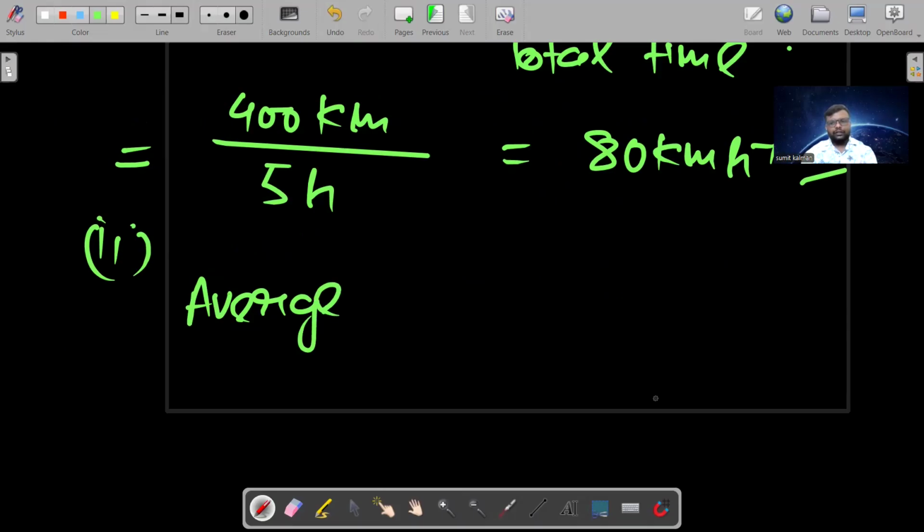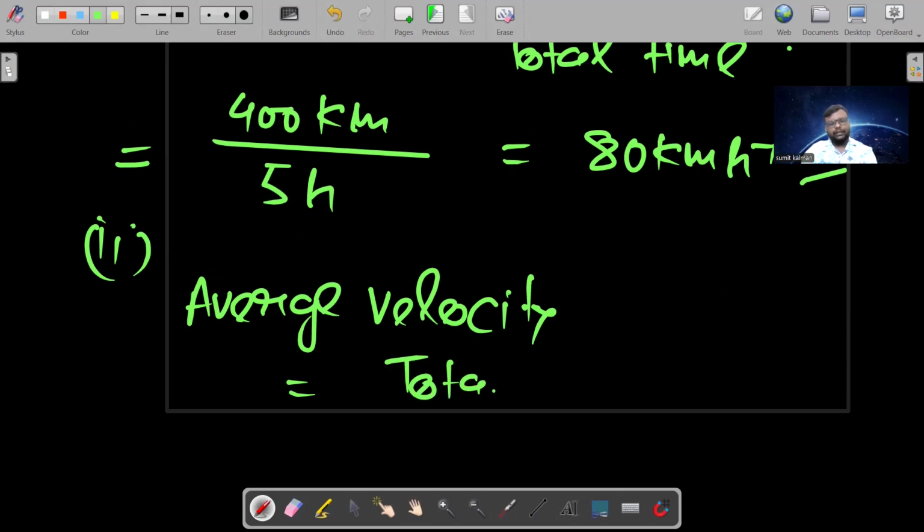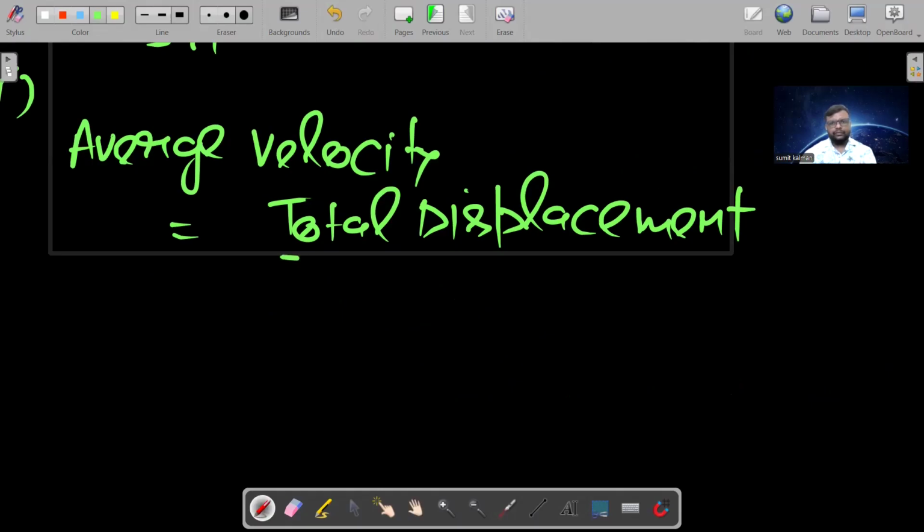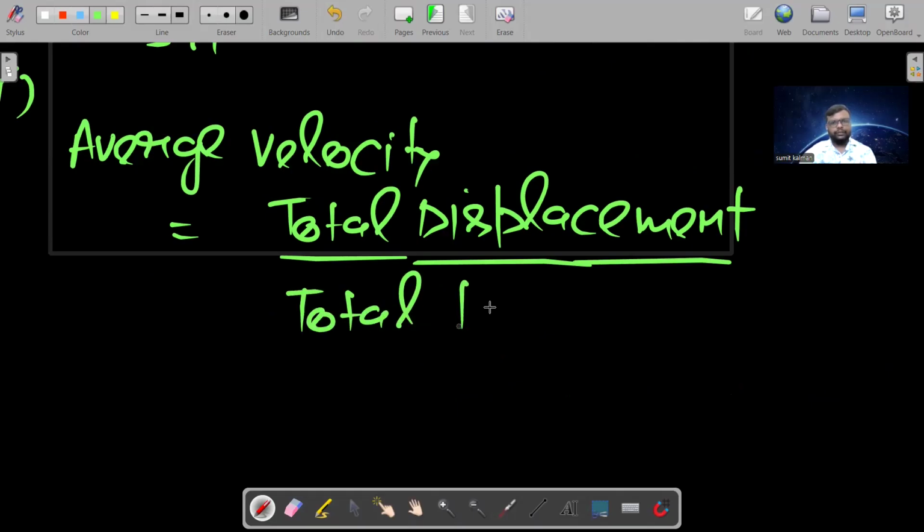Average velocity is equal to total displacement upon total time.